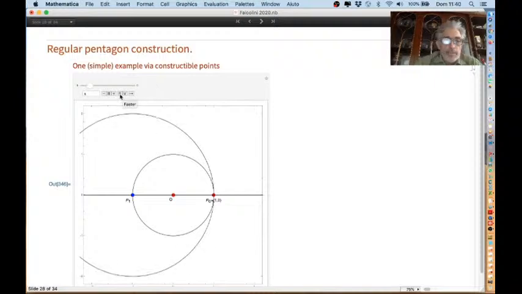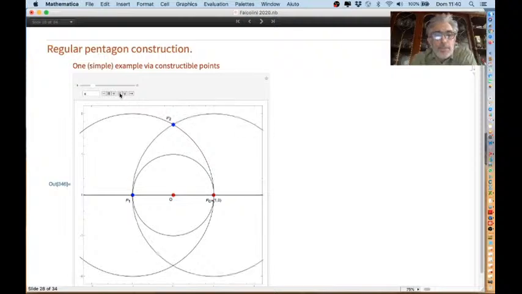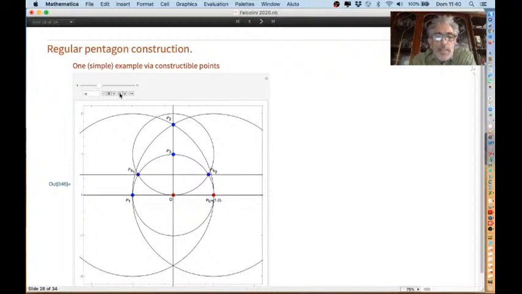Let's go a little bit faster. Then with the 3rd step we can construct the point P3, and then the points P41 and P42 that give, by a straight line, the point P5.